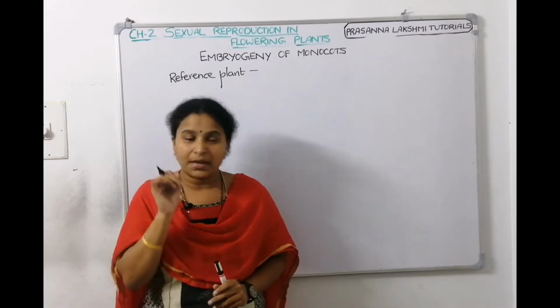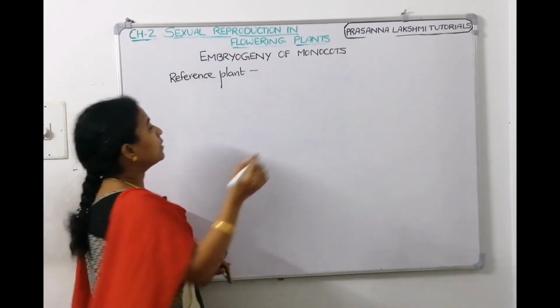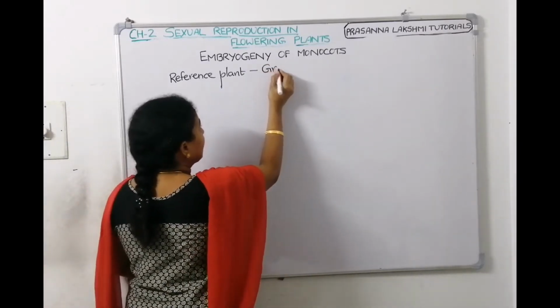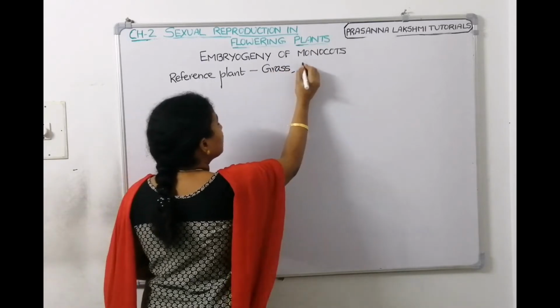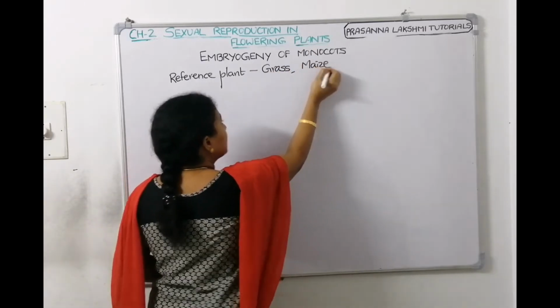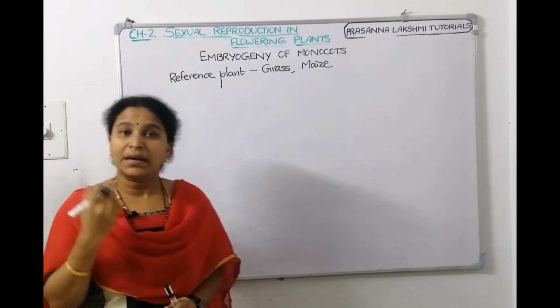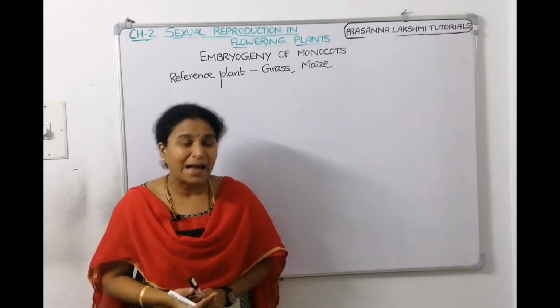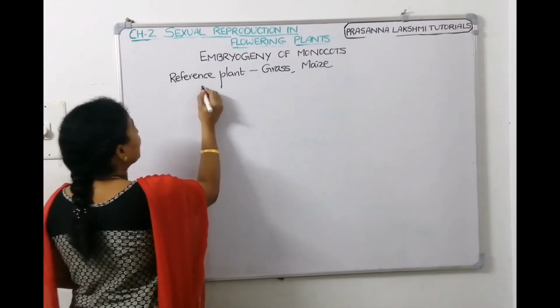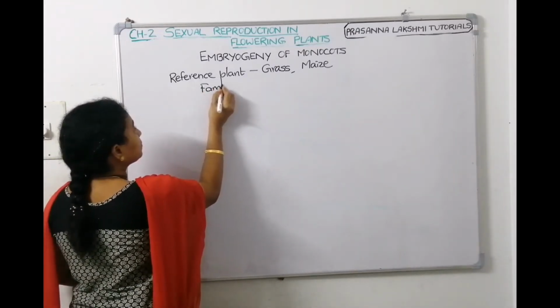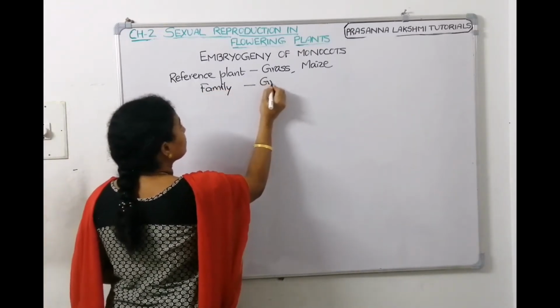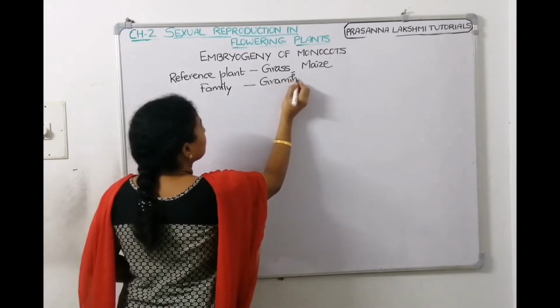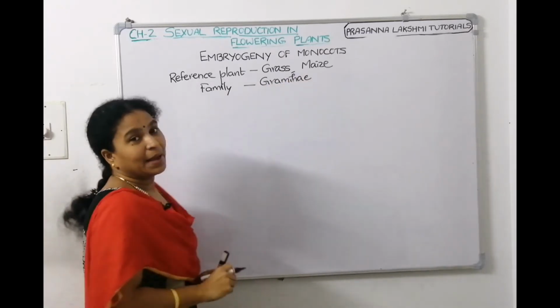Either we will take grass or we can go with maize to study monocot embryo development. Now, grass belongs to a family called Graminae.